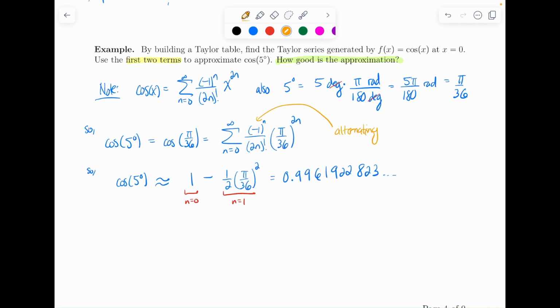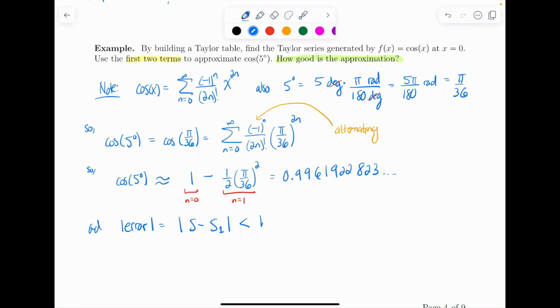And if you go back to that concept and you apply it here, we can observe that the error committed by adding up to the first power we know is less than the next non-alternating component.